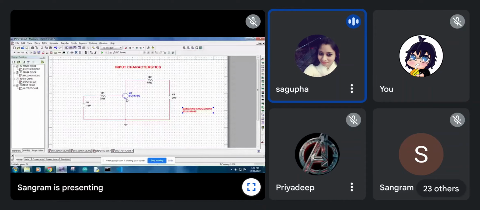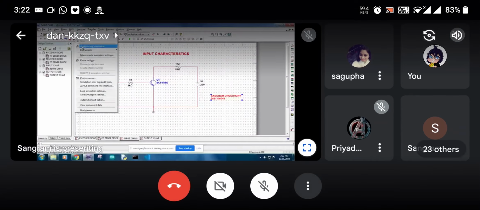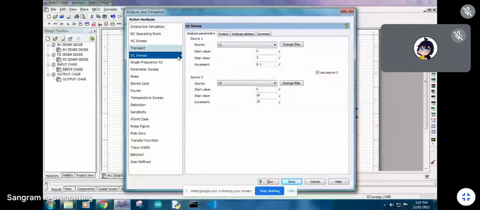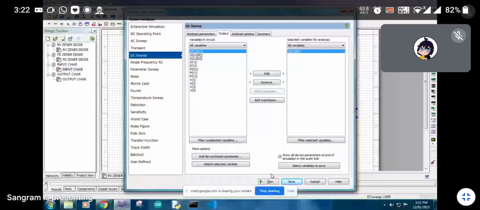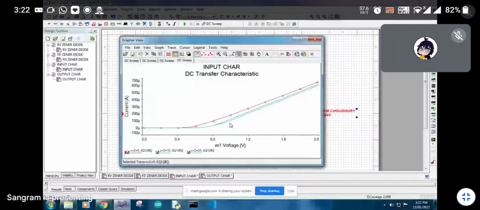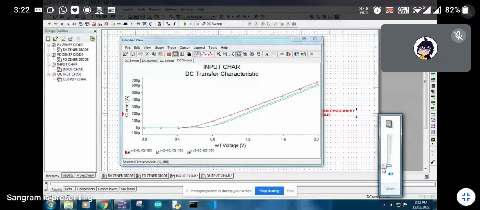Write down input characteristics of common emitter configuration. Okay, ma'am. Right, run it. Okay, show me the circuit. What are the values you have taken? Let me see. Show the circuit.